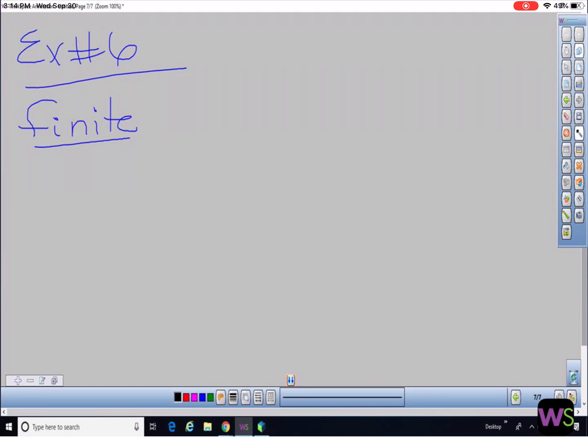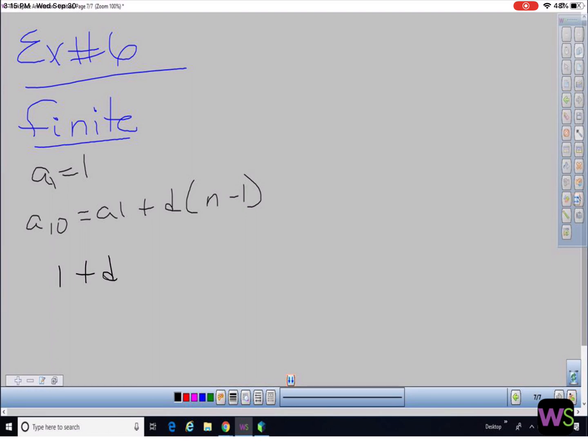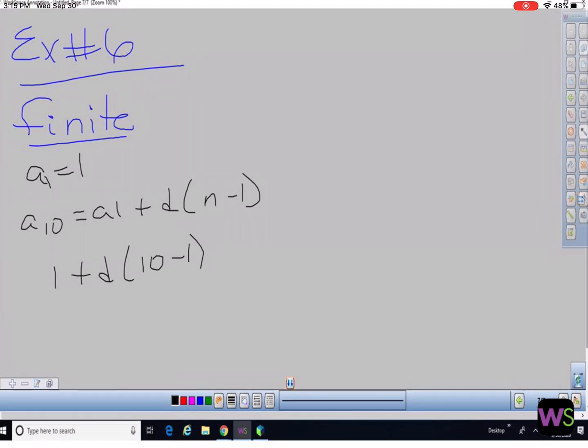So you're going to know that A of 1 is 1, and your formula is going to be A of 10 because you're looking for the 10th row, and your A of 1 plus your d parenthesis n minus 1. So now you're solving this out. I know I'm looking for the 10th term, so it's going to be 1 plus d parenthesis, and your n is 10 minus 1.